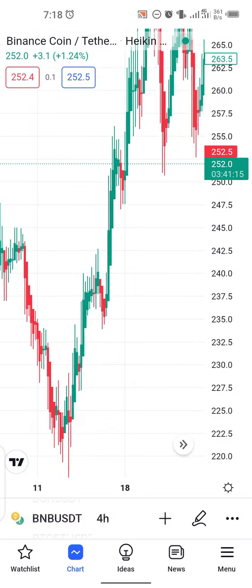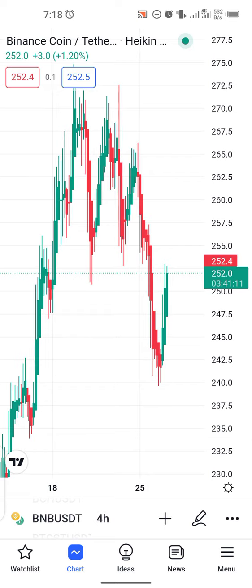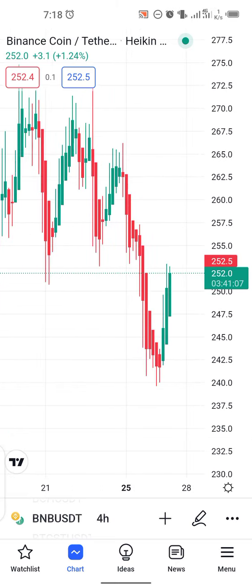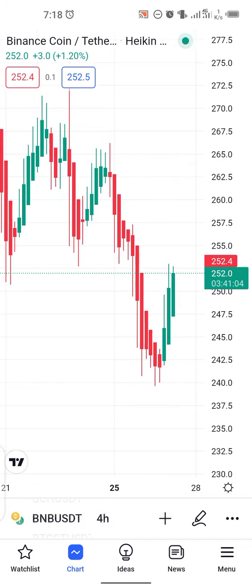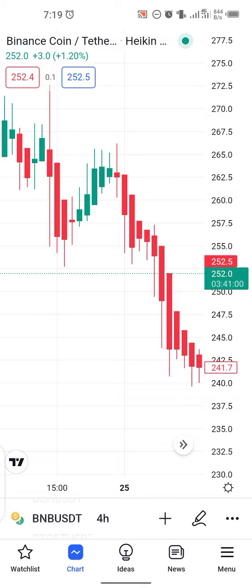So when a doji is formed in an upward trend, it means there will be a change in the market. Just look at this here.